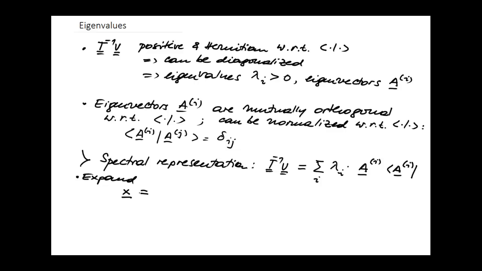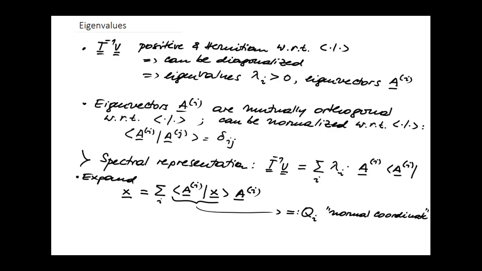So any vector x can be written as sum over i, scalar product of eigenvector ai with x, and this is the new scalar product that we had introduced, times eigenvector ai. This coefficient in front of the eigenvector ai is defined as capital Qi and is called the normal coordinate.